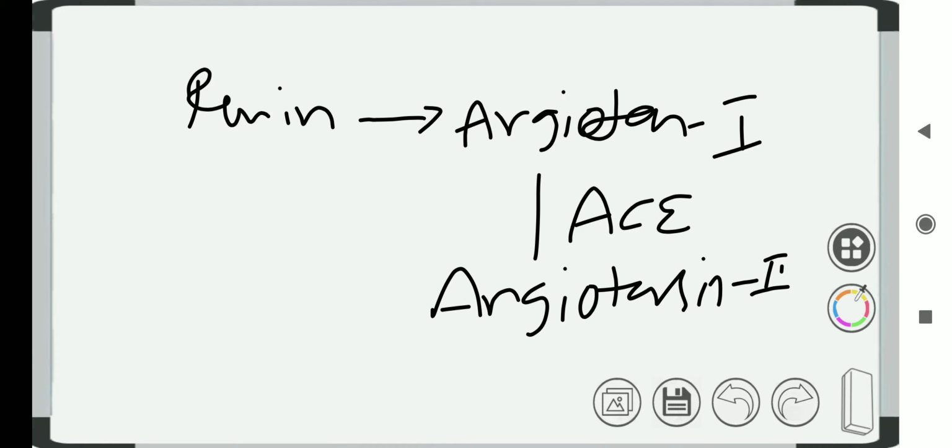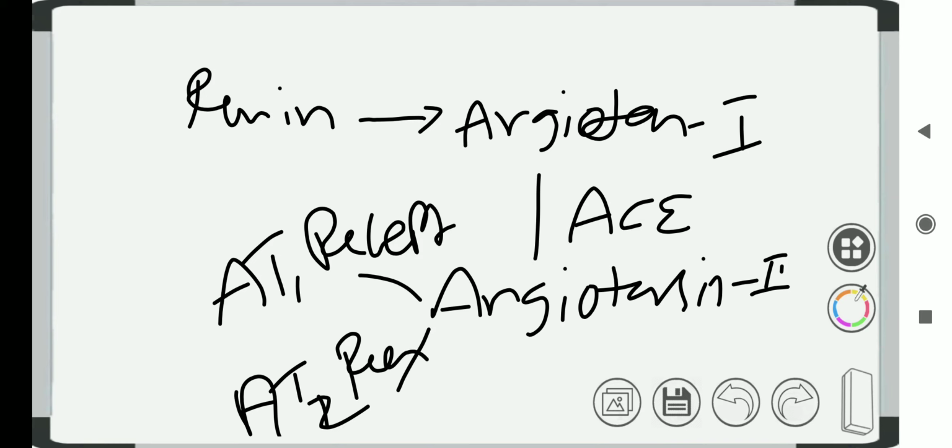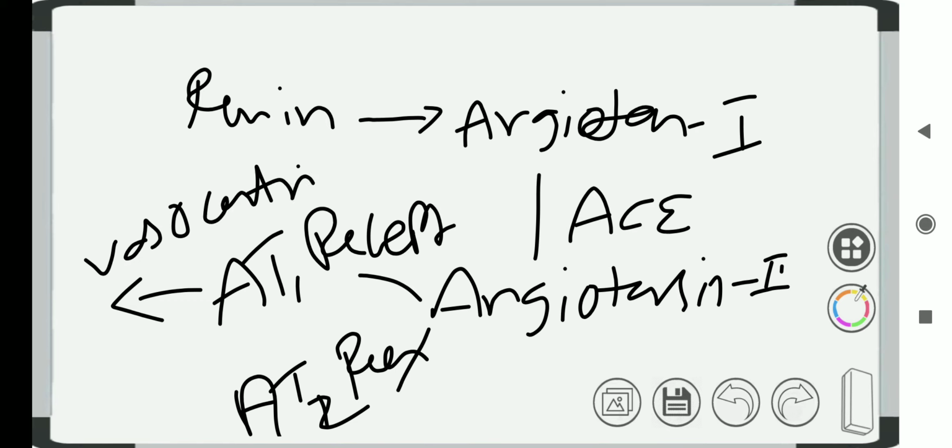Here it's going to reach two types of receptors, AT1 and AT2 receptors. Your AT1 receptor is involved in vasoconstriction, followed by aldosterone release leading to water and salt retention.